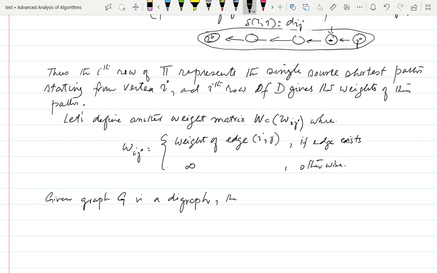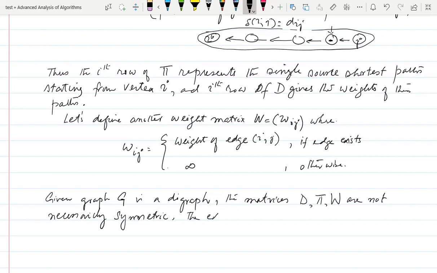Therefore, the matrices D, capital Pi and capital W are not necessarily symmetric, right?